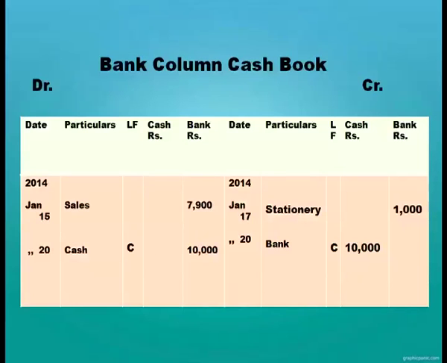January 15th, sales made and payment received by check. So, in the bank column, you have to write the amount. Bank balance increases. As it is a receipt, you are posting on the debit side of the cash book "To sales". January 17th, paid stationery and payment is made by check. So, "By stationery", amount in the bank column.